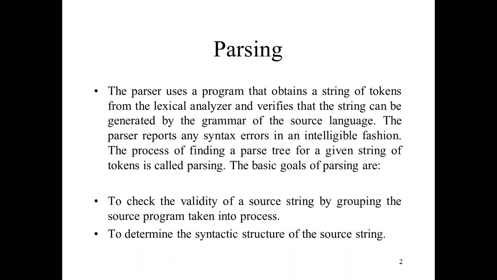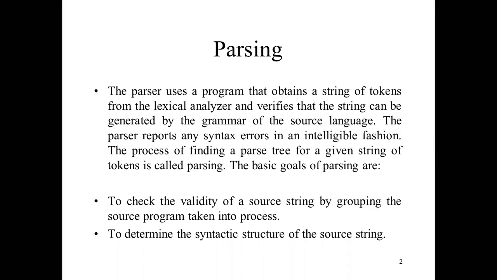So the parser uses a program that obtains a string of tokens from the lexical analyzer, and after that the lexical analyzer starts scanning the whole expression and divides it into various lexemes or a number of tokens.